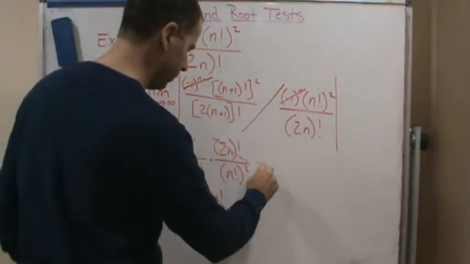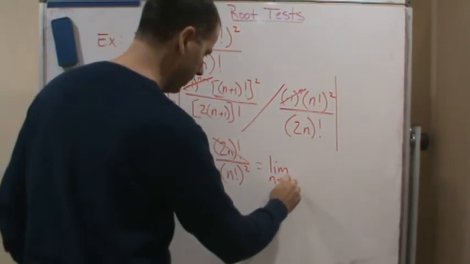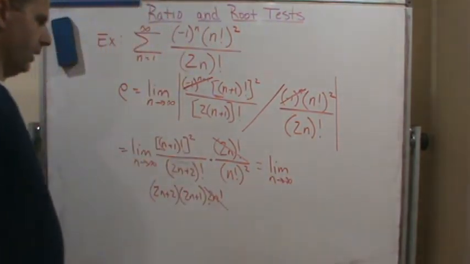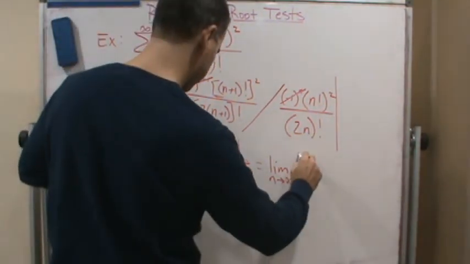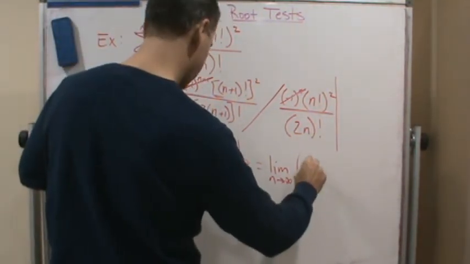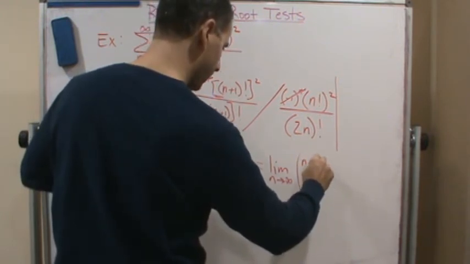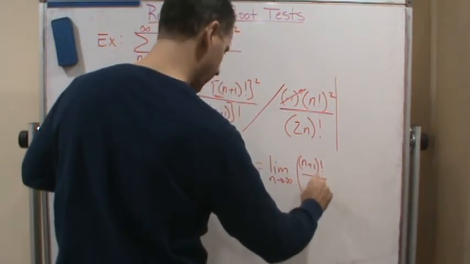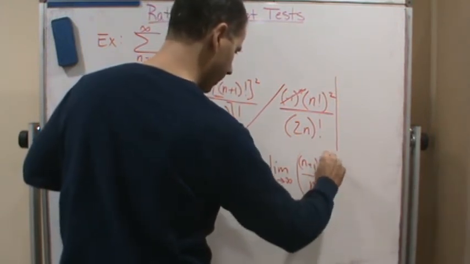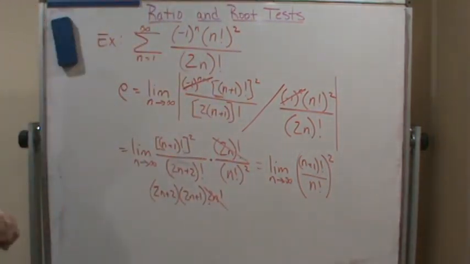So this can equal the limit. Let me simplify this again. The limit as n approaches infinity. So this is going to become (n+1) factorial over (n factorial) quantity squared, right?